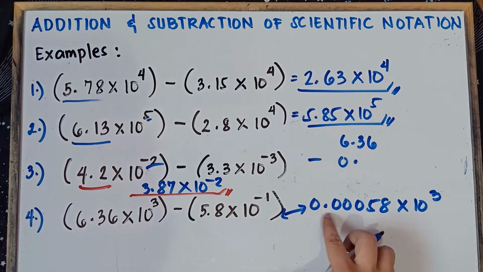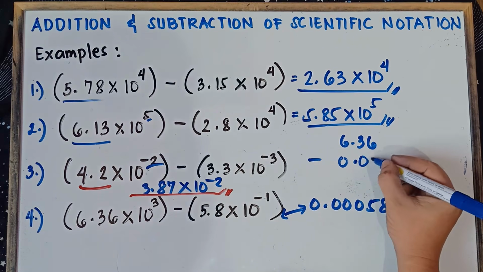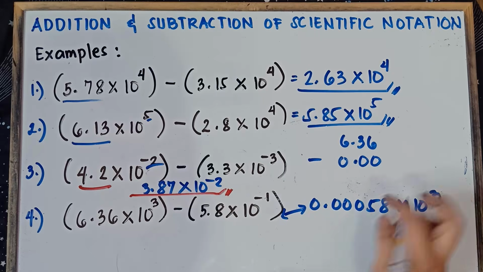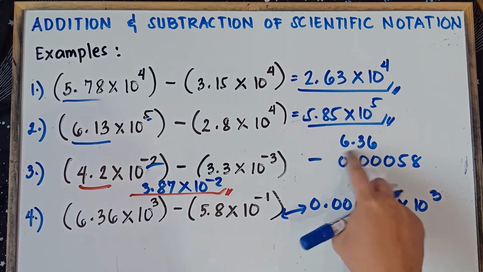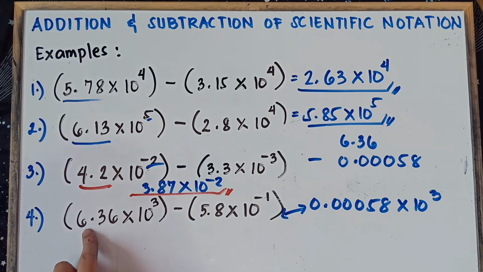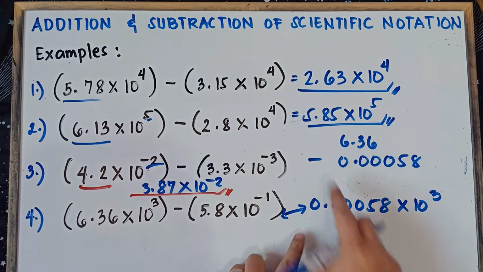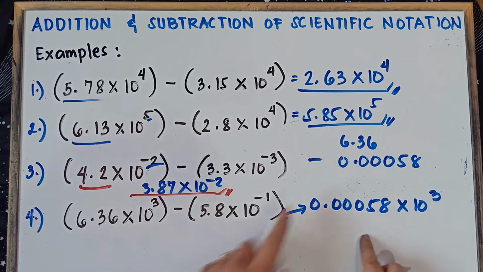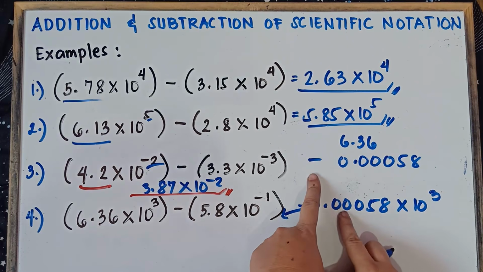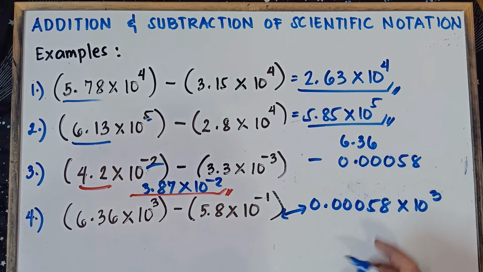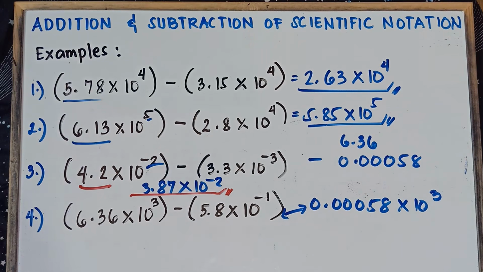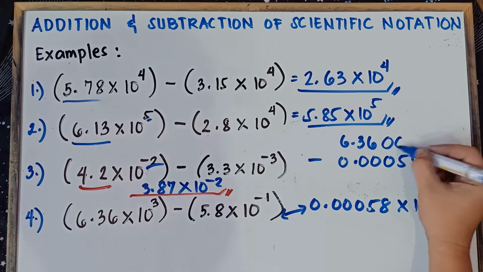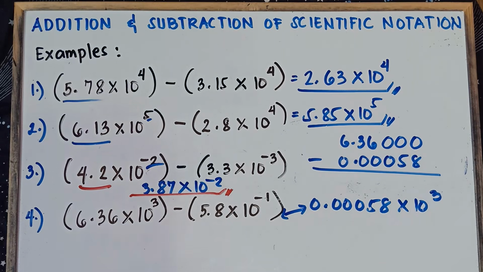Once again, you align the decimal point. 6.36 minus this one, this is just the same as minus 0.00058. And then you put zeros on the top. You put 3 zeros and then simply subtract.